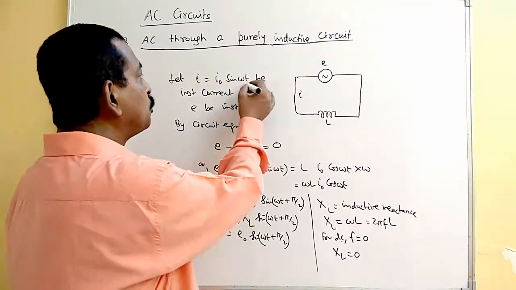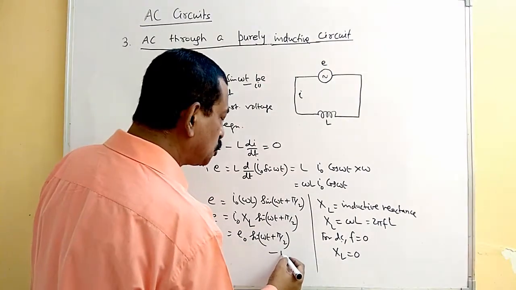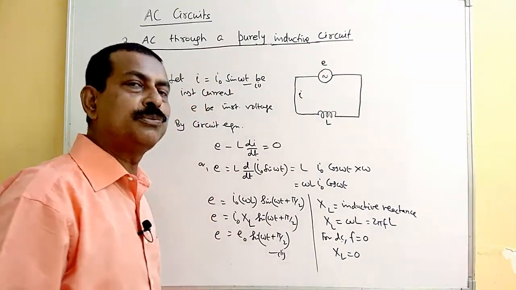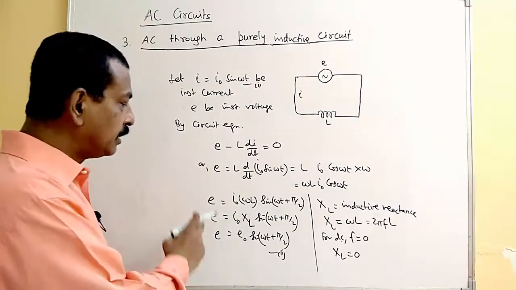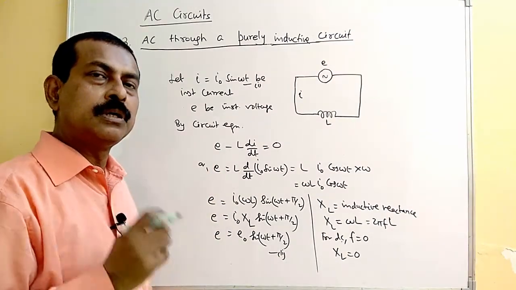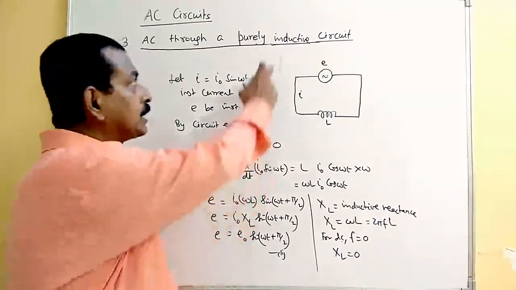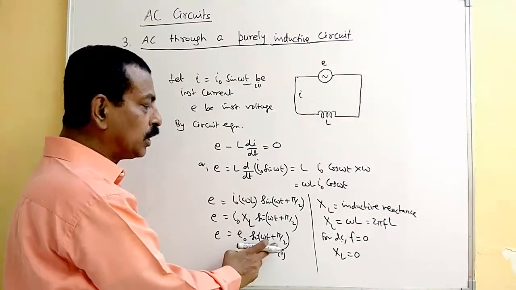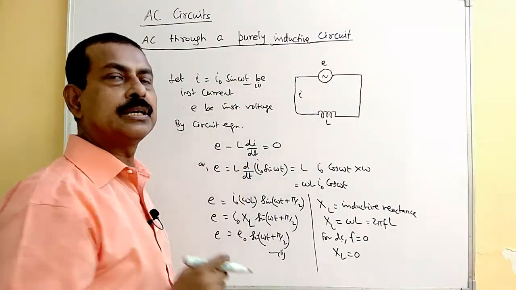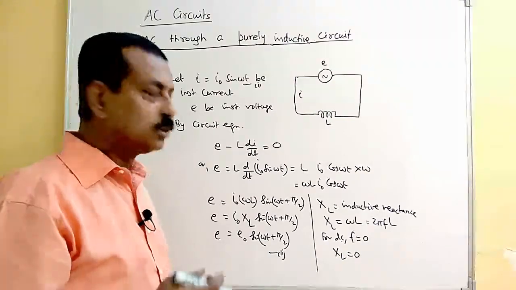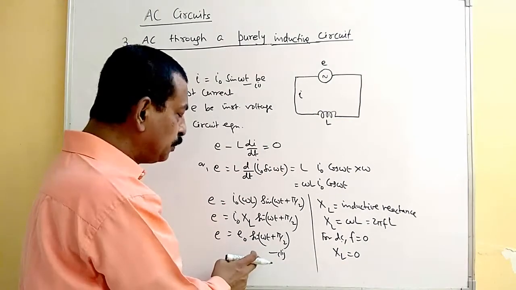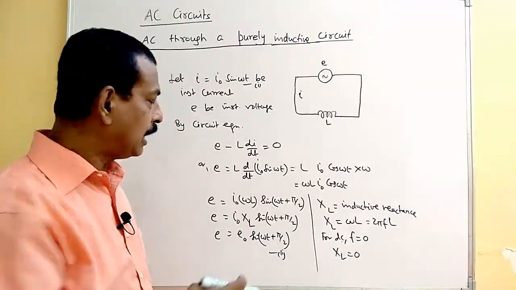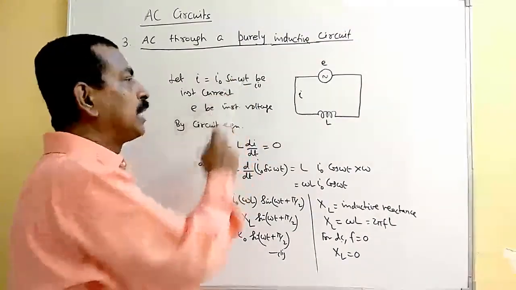And now if you compare from equation 1 and 2, we find that in a purely inductive circuit, instantaneous voltage will be leading instantaneous current by pi by 2. So there will be a phase difference between the two, and the voltage will be leading current by pi by 2.